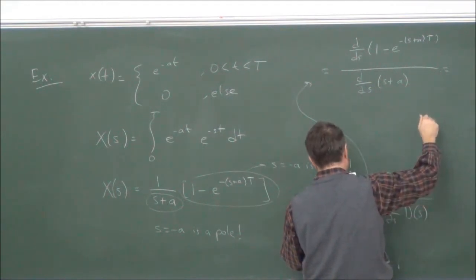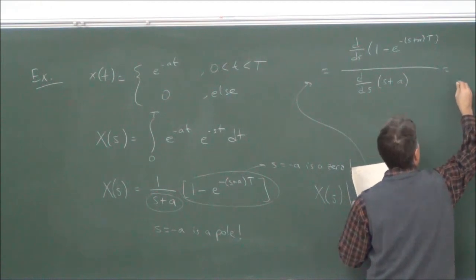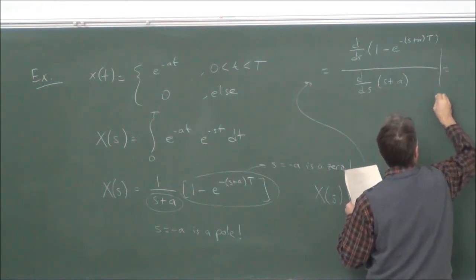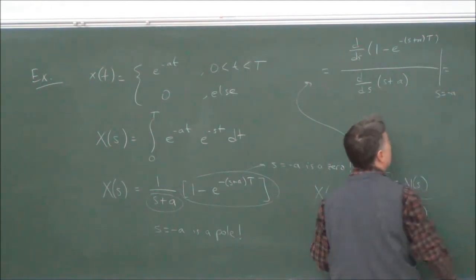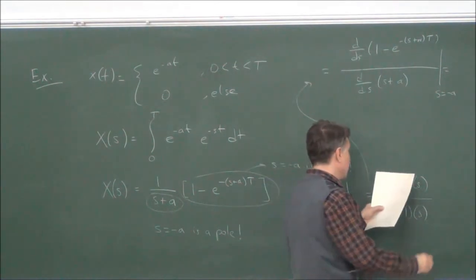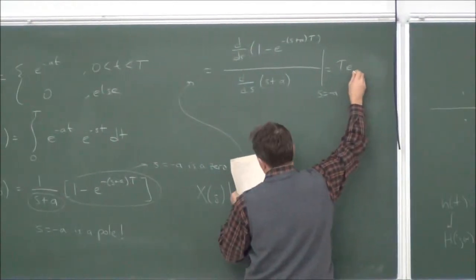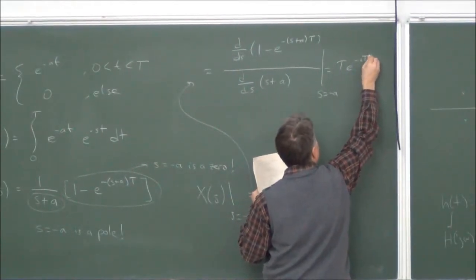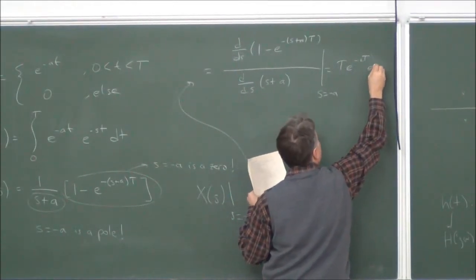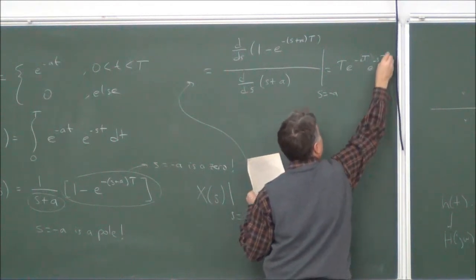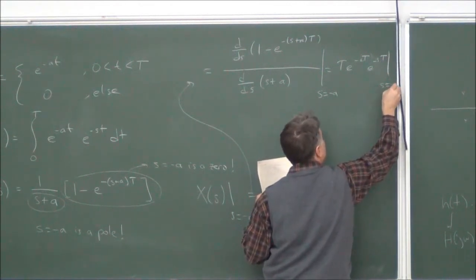And the answer to this one is, of course, evaluated at s is equal to minus a. You have to evaluate this expression at s is equal to minus a. And that is equal to capital T times e to the minus st evaluated at s is equal to minus a.